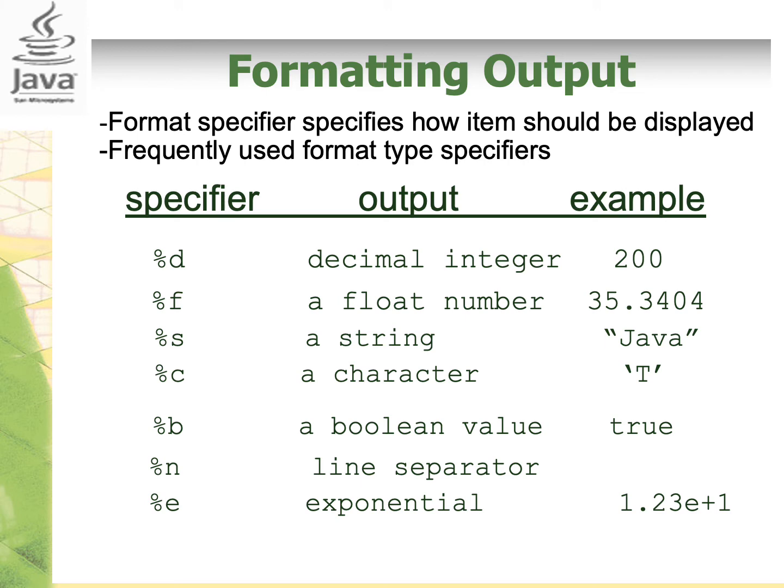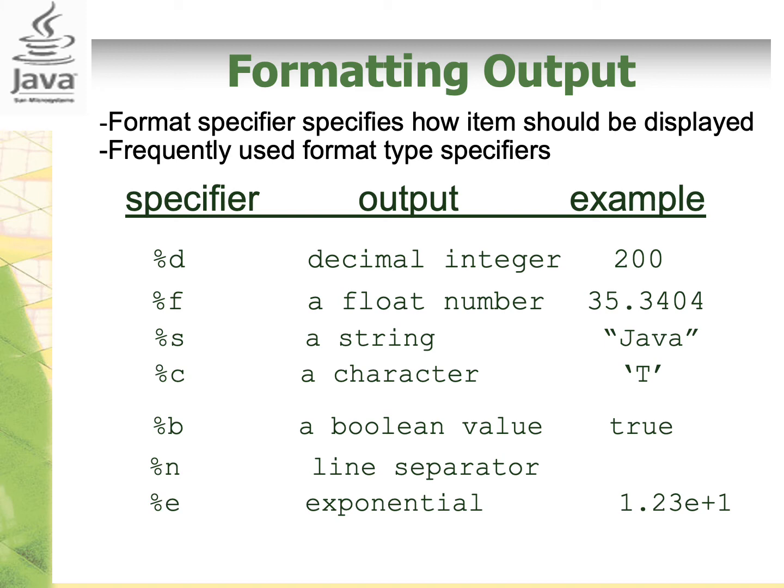The frequently used format type specifiers are as follows. So we have %d that refers to decimal integers, any number, for example 200, and then we have %f, which is a floating number, for example 35.3404, and then for string we have %s, for character %c.